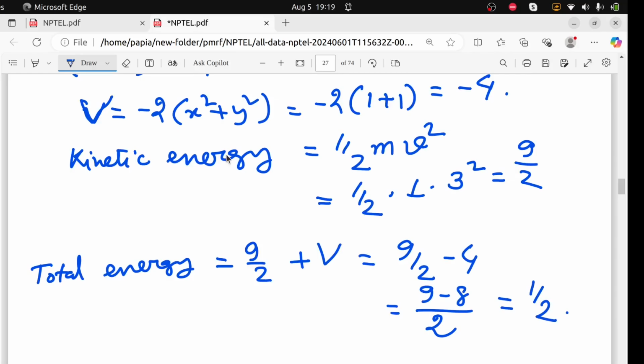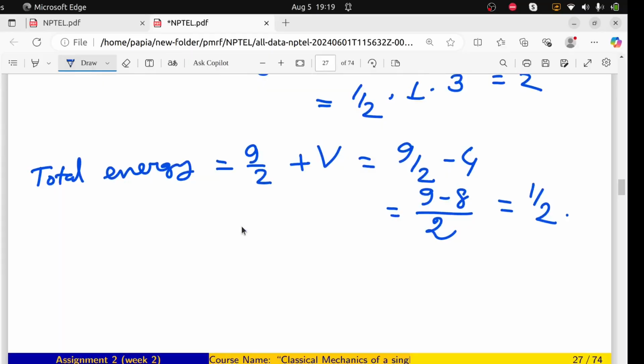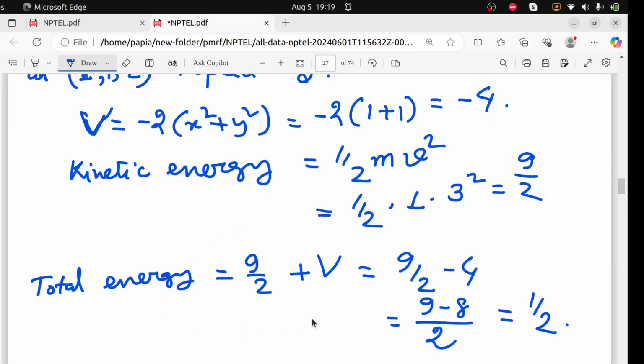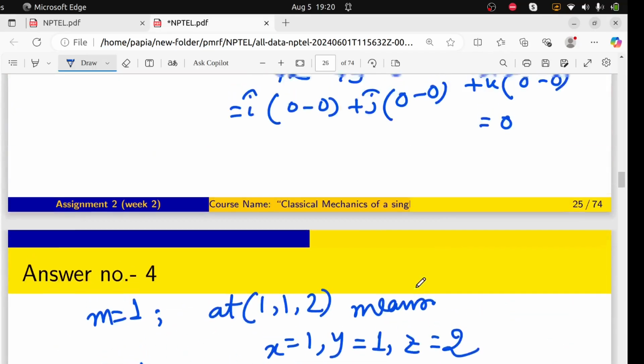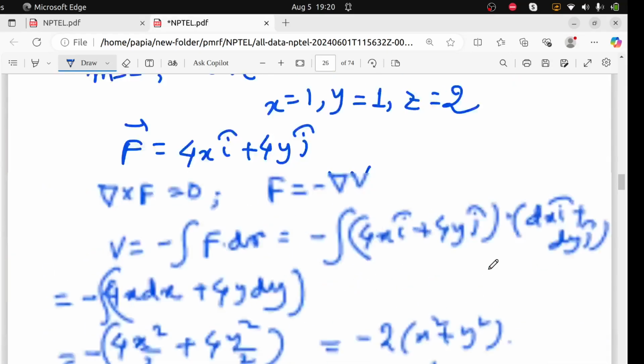Now we can see that the total energy is half. And the total energy is conserved in any conservative vector field, right? So I got the total energy for the point 1, 1, 2 as 1/2. Now we have to calculate at the other point. What is the other point? Find the speed of the particle at point 0, 2.